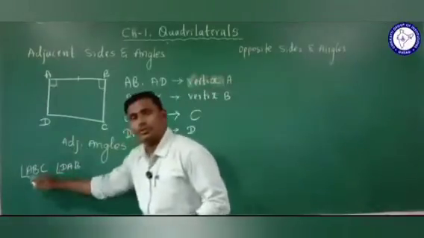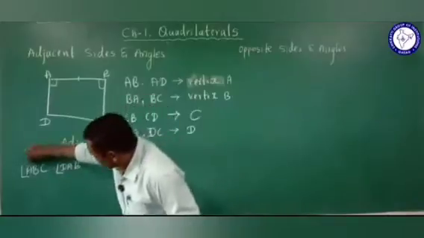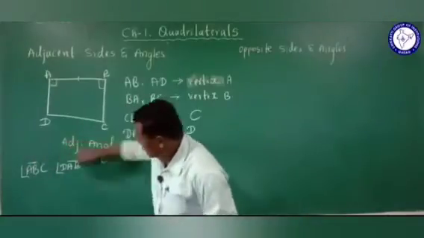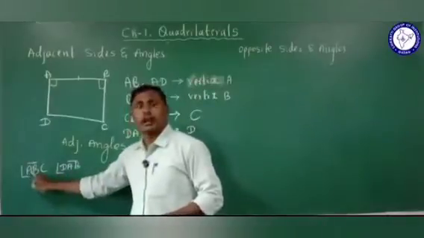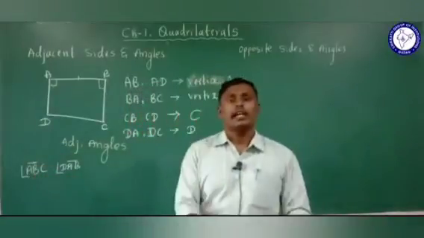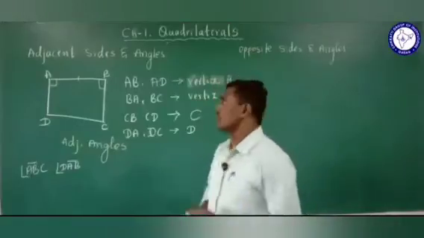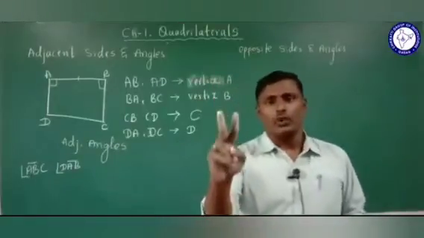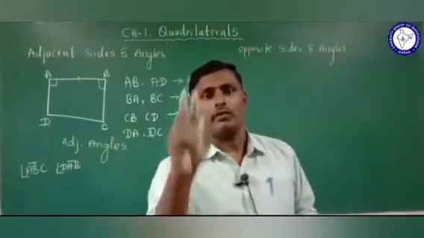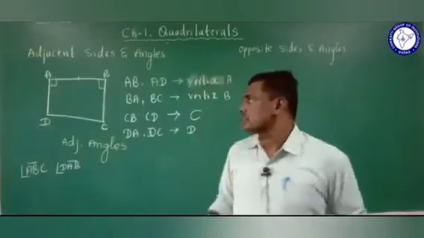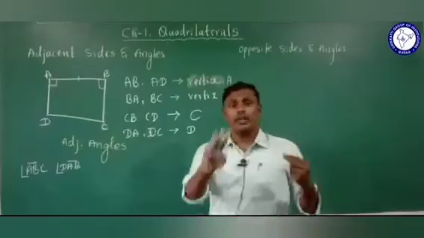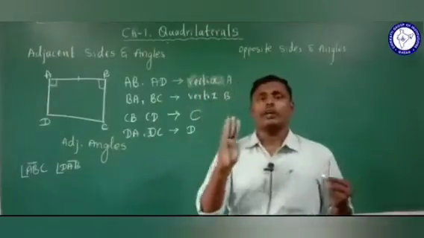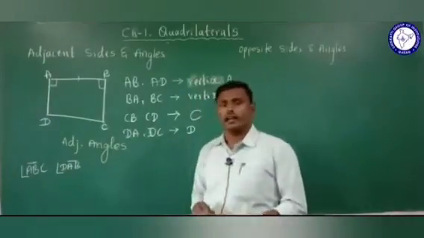In these two, one common side is there, AB and AB, right? So these types of angles are called adjacent angles. So how can you define adjacent angles? The two angles having a common side are called adjacent angles, and in one particular quadrilateral we can write four pairs of adjacent angles.